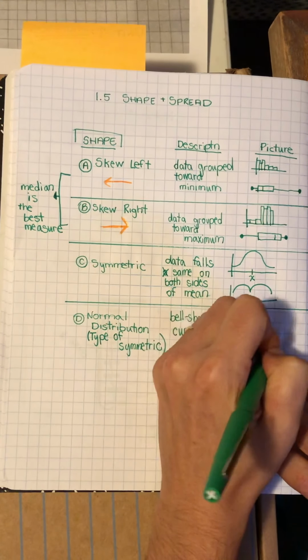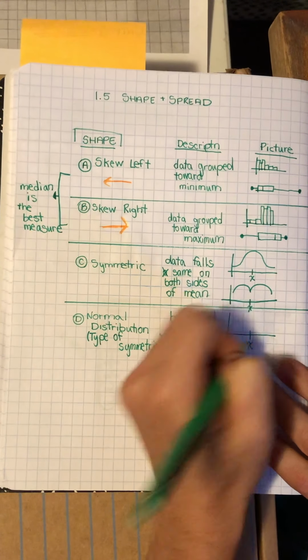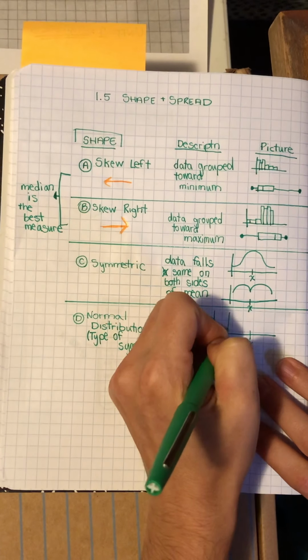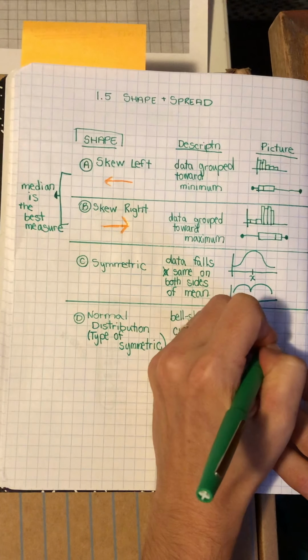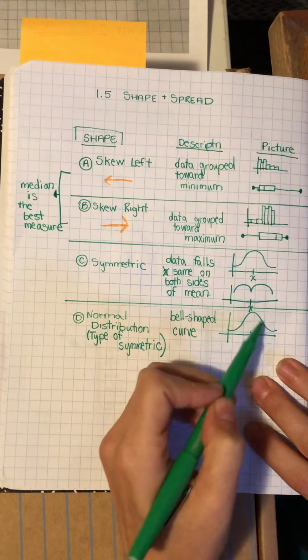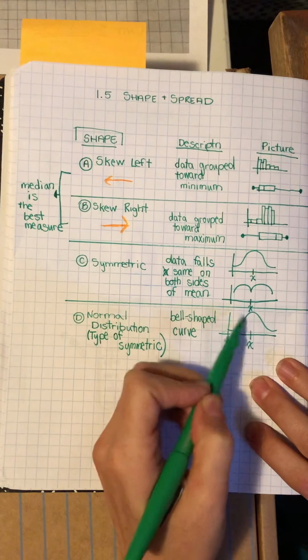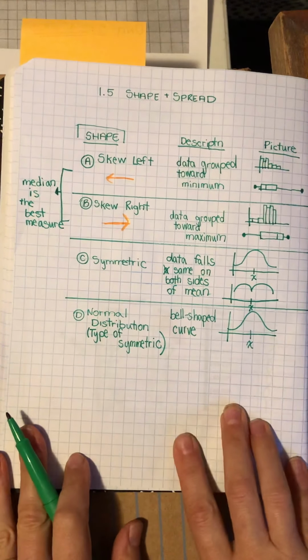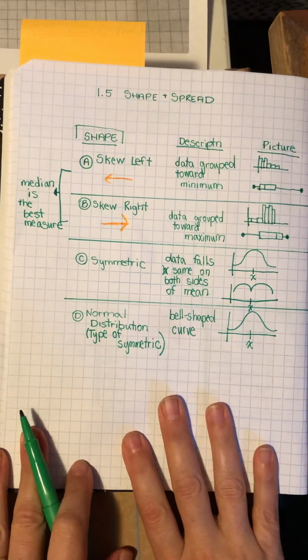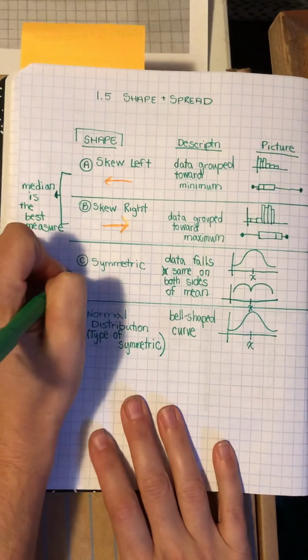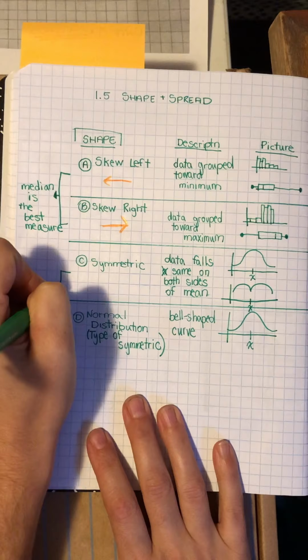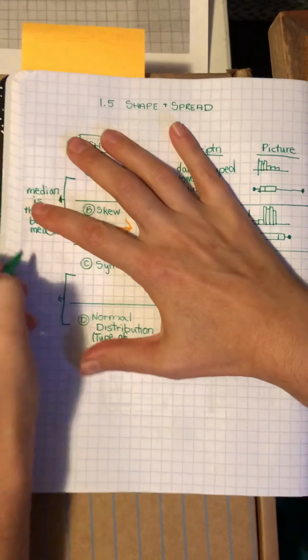It's just like the picture above. Here's your mean or your average, and the same number of scores are above the average as below. And so for these, the mean or the median is the best measure.